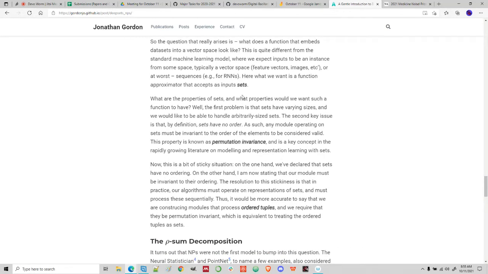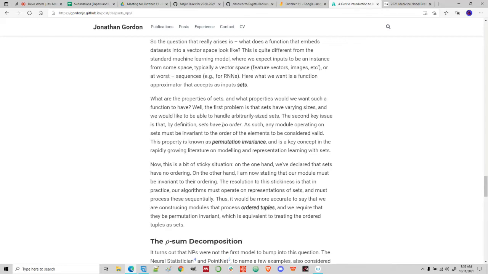So what are the properties of sets, and what properties do we want such a function to have? Sets have varying sizes, and we want to be able to handle these arbitrarily sized sets. You have different types of things in the world, and they don't all have the same number of samples in them. Sometimes they're very small, sometimes very large, but you want to treat and normalize them across sets.